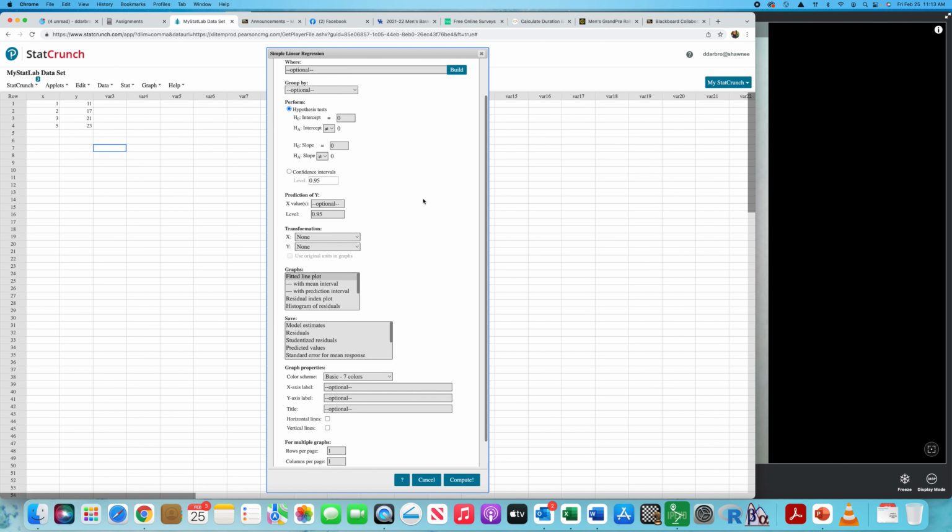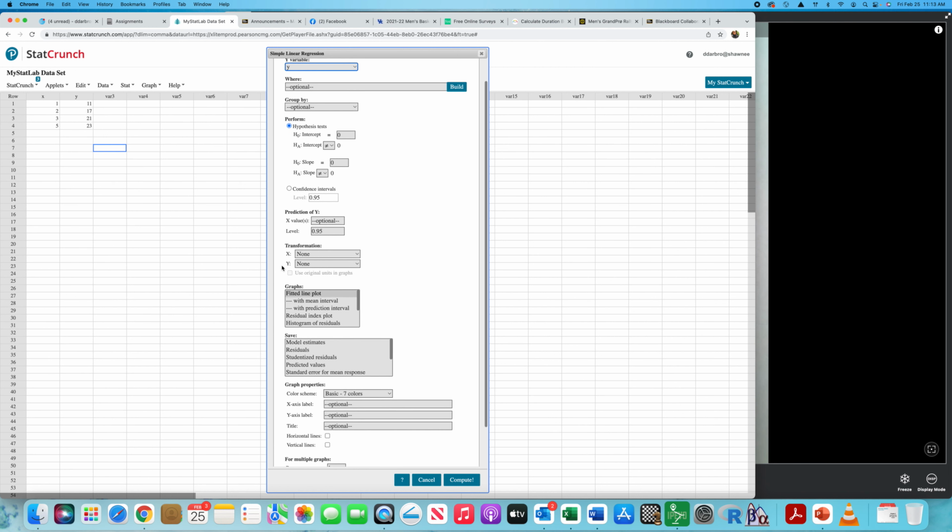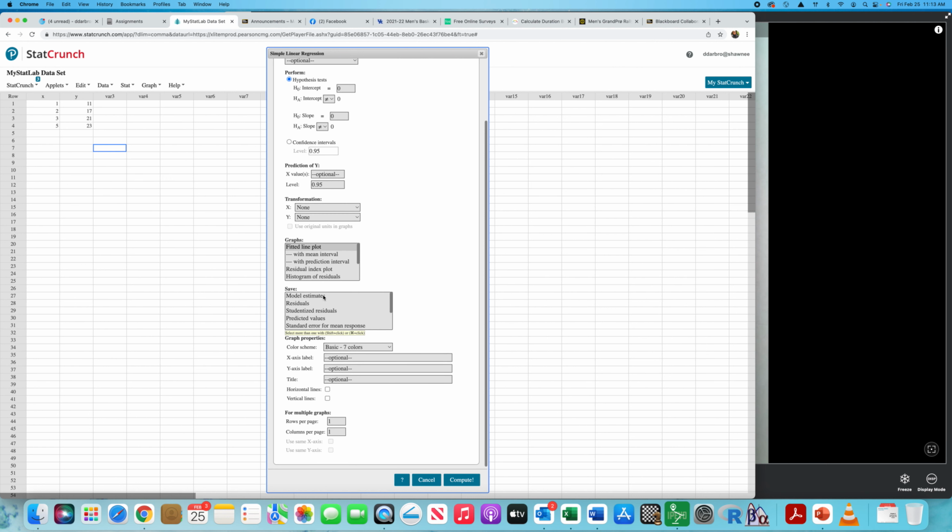I can come down to residuals and predicted values. Don't worry about all this stuff until lesson 7. Predicted values are the y hat part of what we need. The y's are stored in our table. Another part we need is the residual, which actually does the subtraction for us.